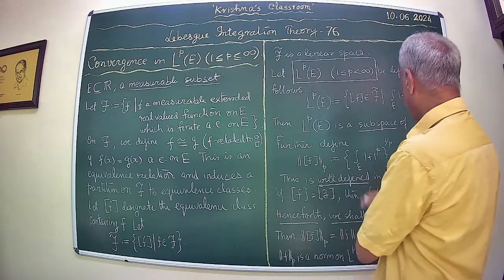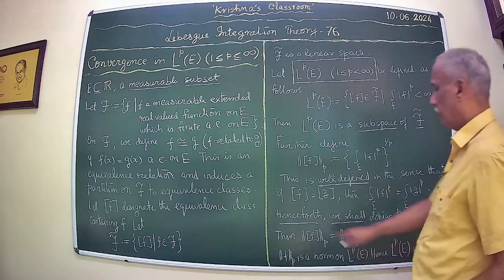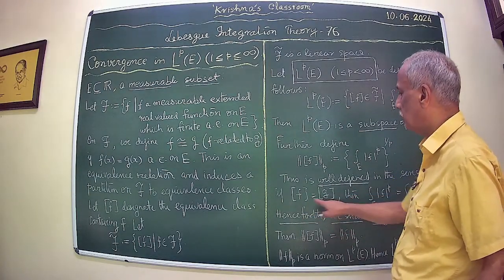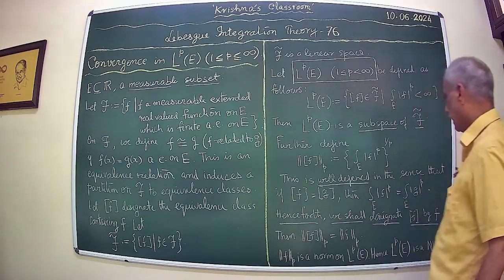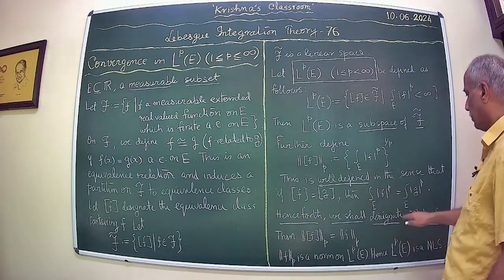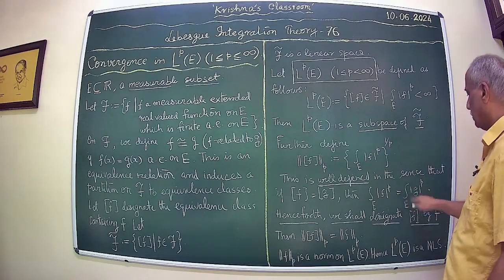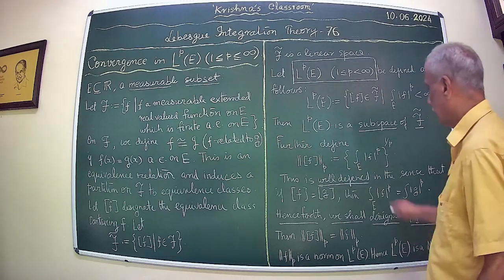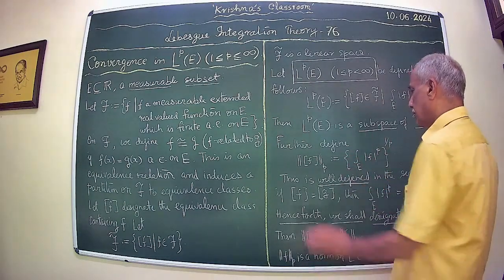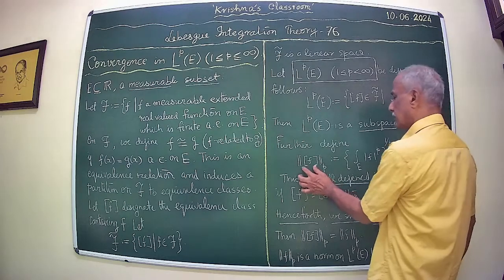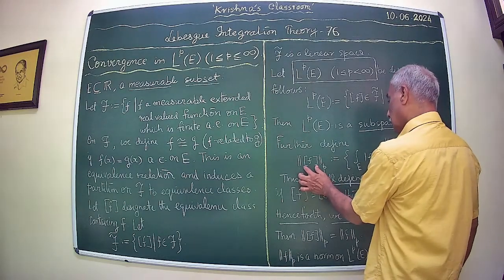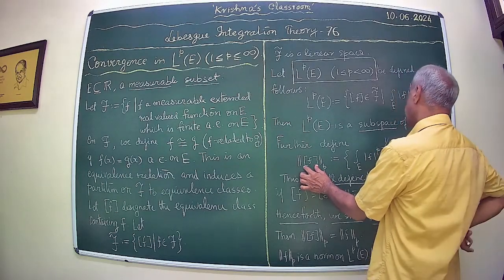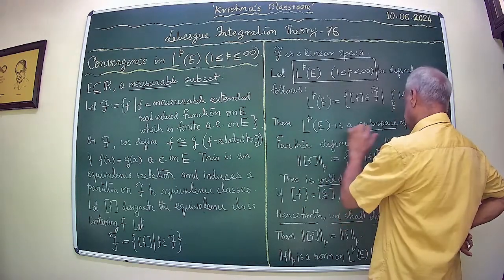Now this is well defined in the sense that if bracket f equals bracket g, that means both f and g belong to the same class, then the integral of |f|^p is equal to the integral over E of |g|^p. Therefore, we see that this is well defined. That means irrespective of what representative element you choose to represent this block, that is bracket f, you always get this integral the same.